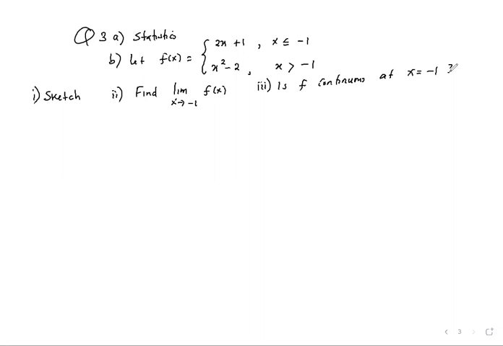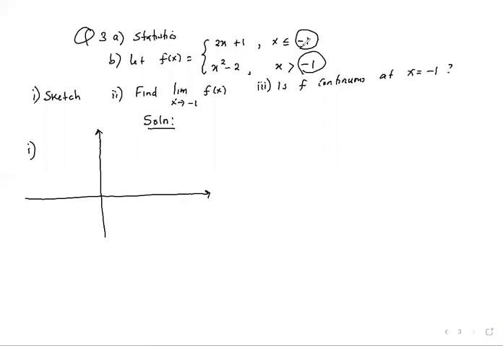So I start with a sketch, part one. To sketch piecewise functions, it must be the easiest thing to do. f of x is equal to 2x plus 1 and x squared minus 2, if x is less than or equal to -1 or x greater than -1. So you go to the numbers they put here and put them on the x-axis. We have -1.